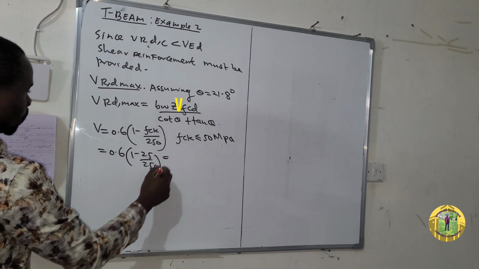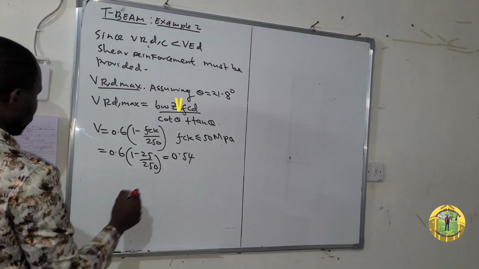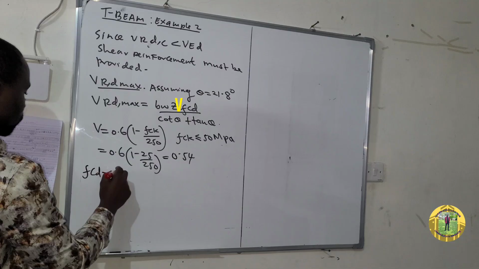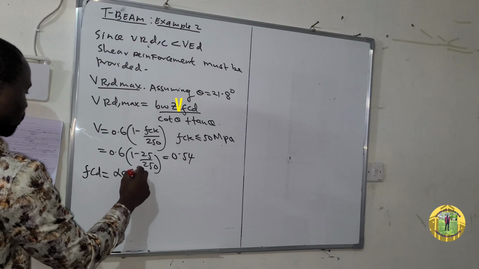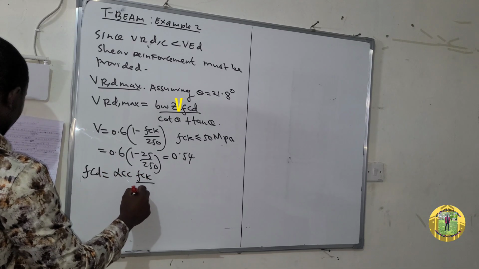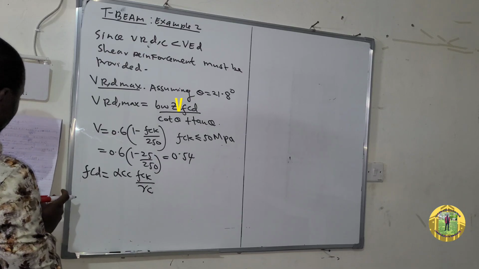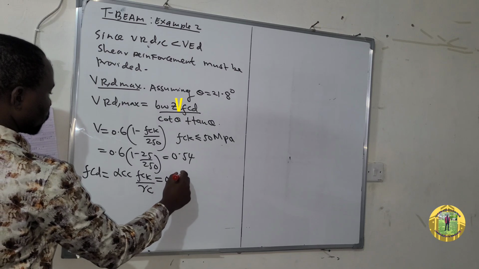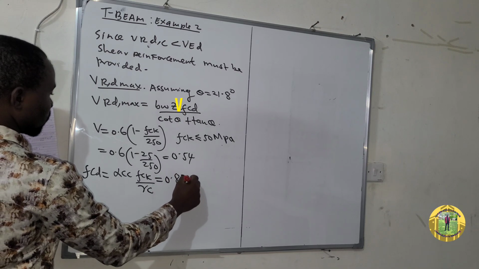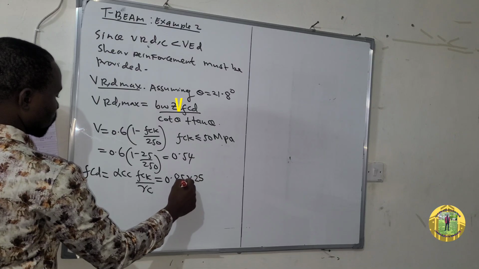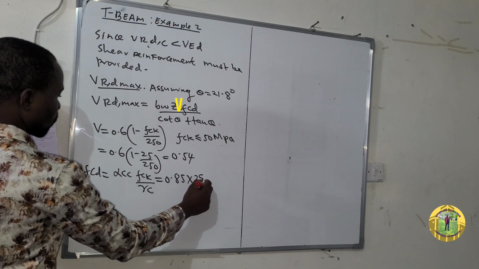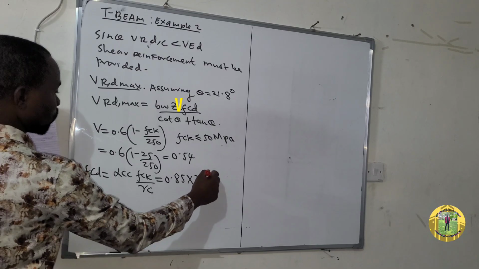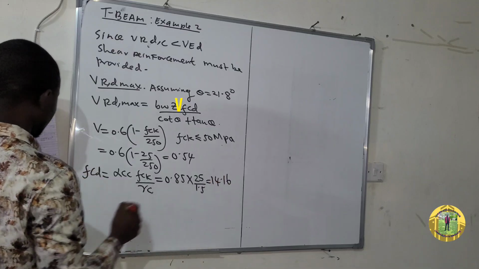So it's equal to 0.54. And then FCD is equal to alpha CC FCK over partial factor of safety. So this one is equal to 0.85 times 25 over 1.5. So this one is equal to 14.16.